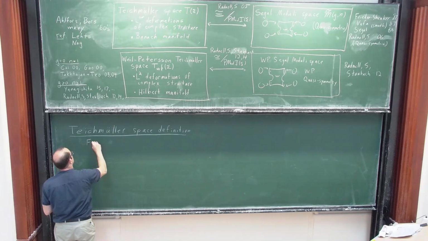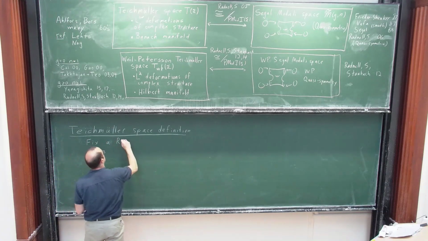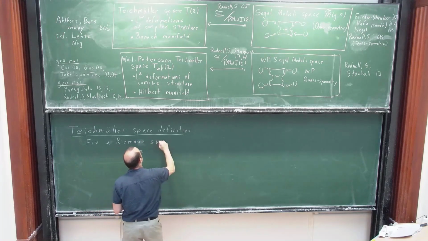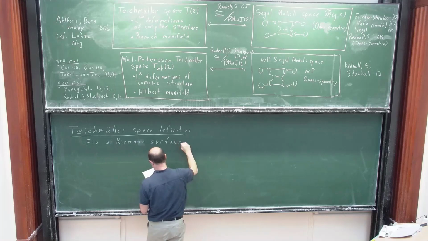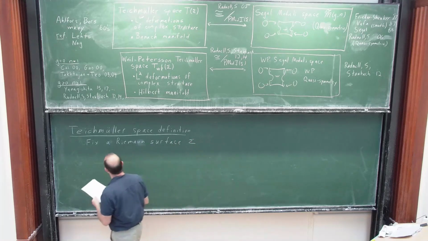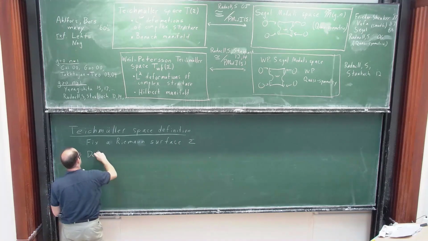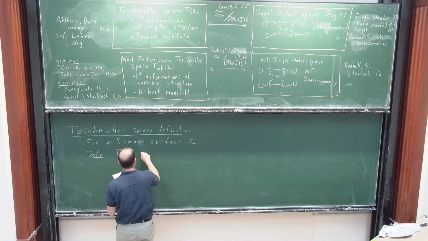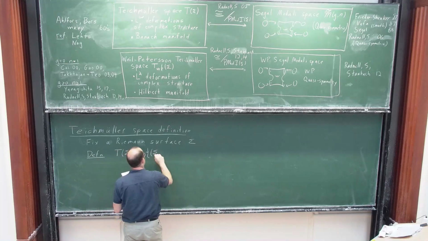So let's fix a Riemann surface sigma. The Teichmüller space, T of sigma, is a set of deformations.